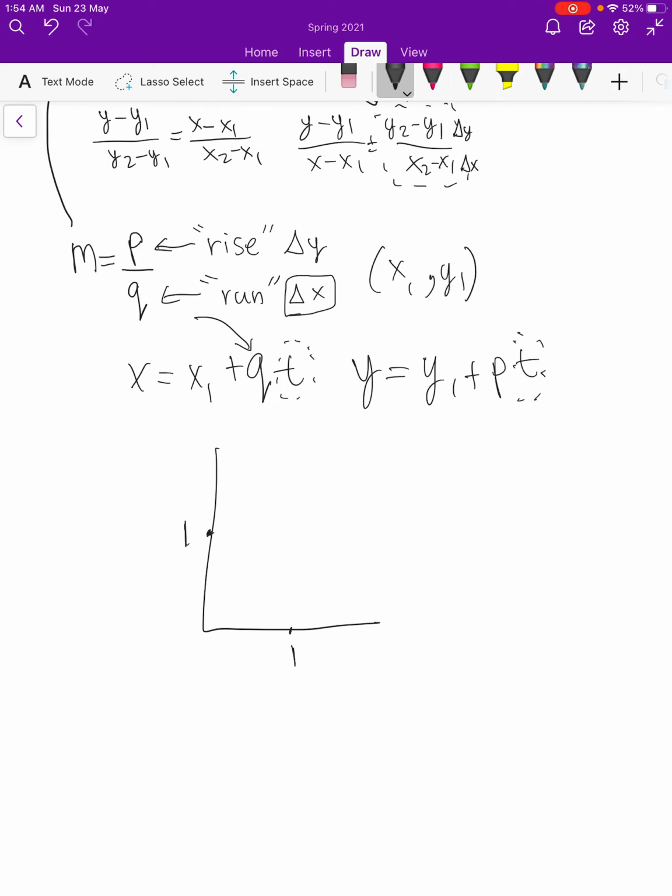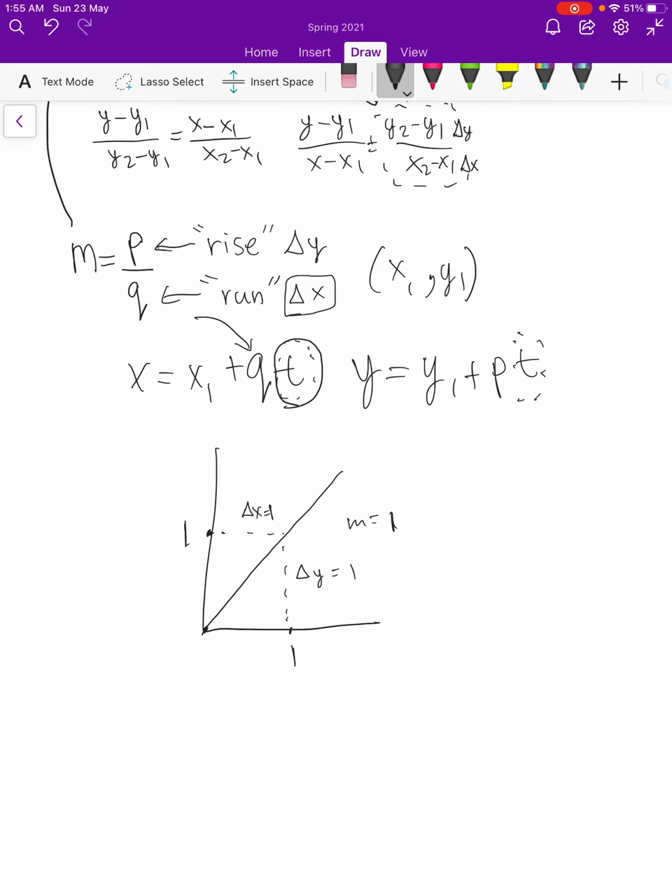So if we have a line with gradient of 1, right? Then any t value, as we change it, so rise and run, delta y is 1, delta x is 1. So yeah, m is 1.